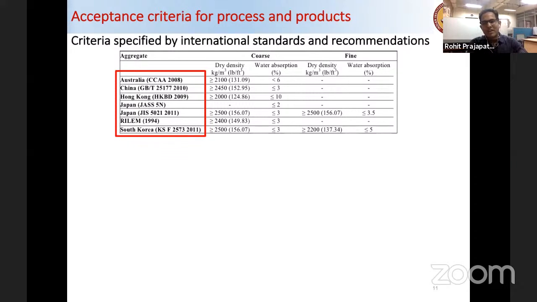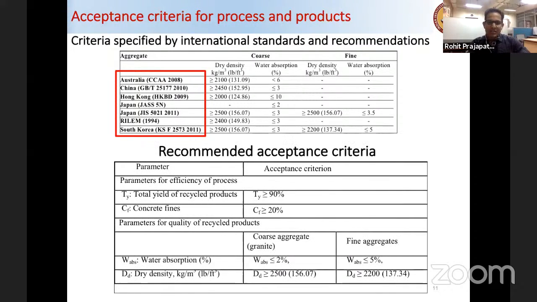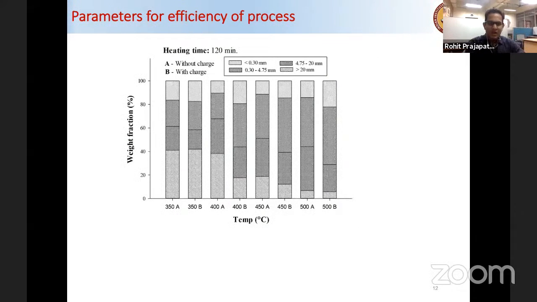So basically we have picked up two key properties, which is dry density and water absorption. And so we have framed this recommended acceptance criteria, where you have these two parameters for assessing the efficiency of the process. And again, these two properties were taken from this table first. And so this is the criteria for quality of the recycled product, which are the coarse and fine recycled aggregates.